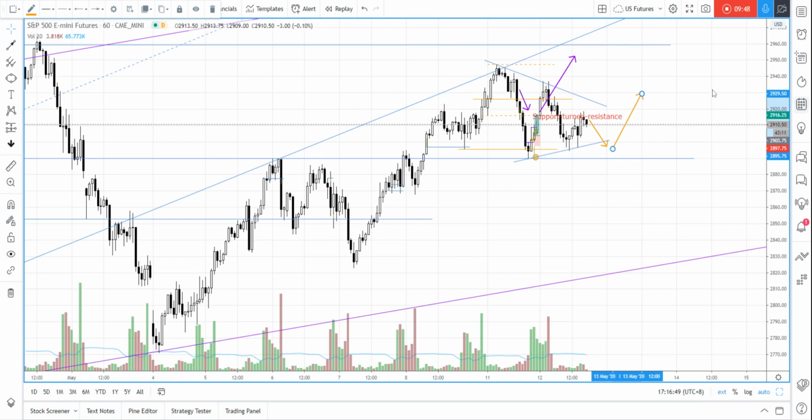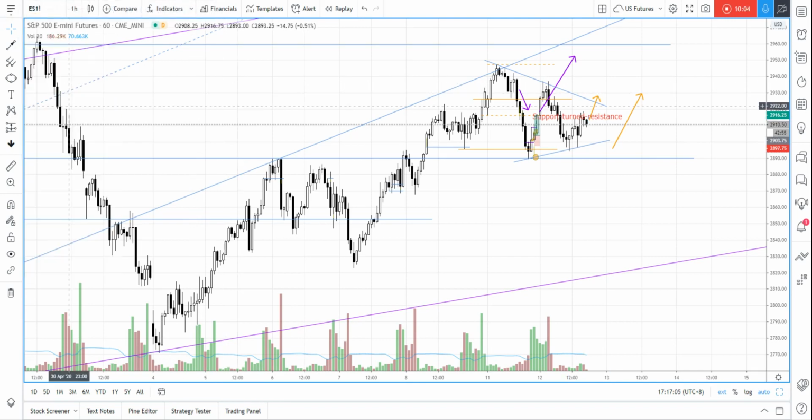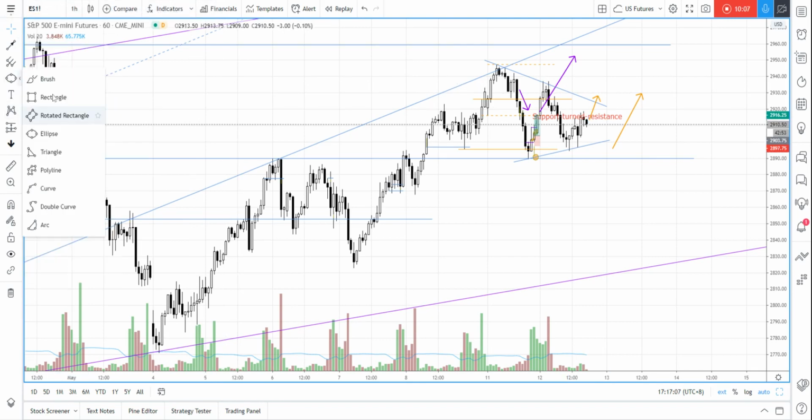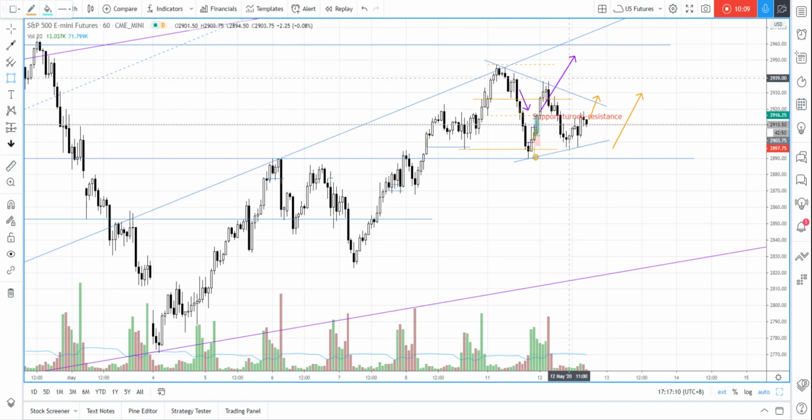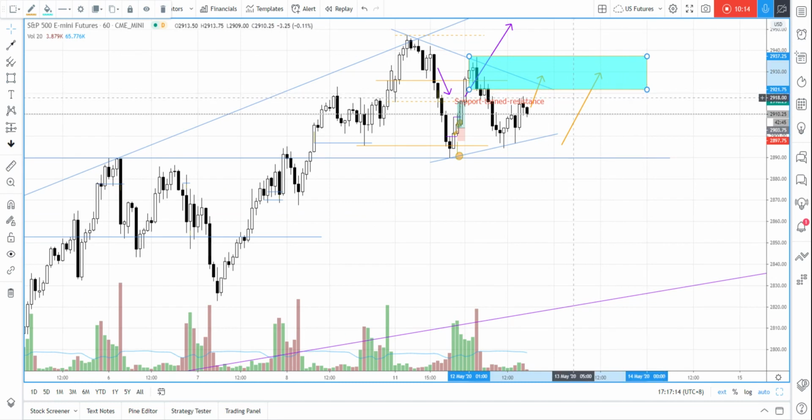However, since it is still within an apex formation, another scenario you can consider is to take a short trade. One of the immediate resistances I'm paying attention to is this bar here. Let me show you. If you take this, it is kind of a supply zone, and this is the last hour bar from yesterday's session.